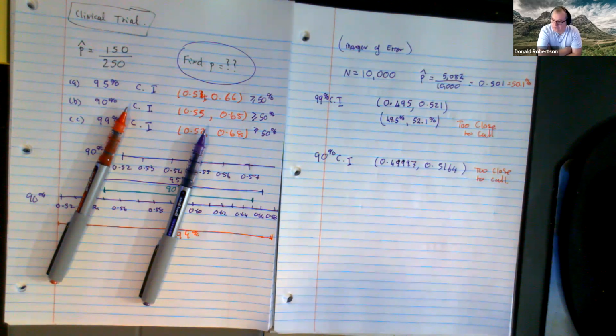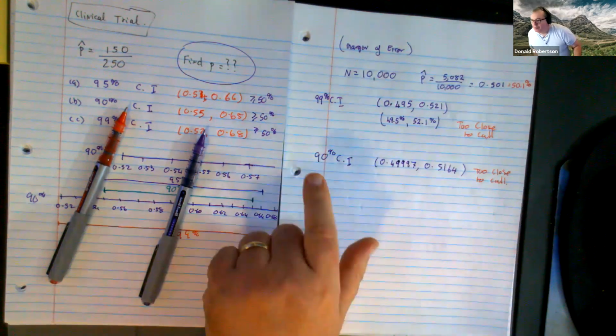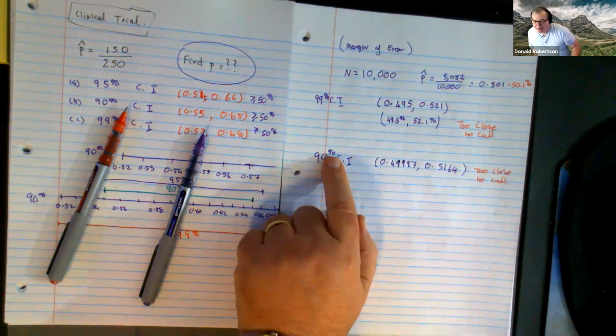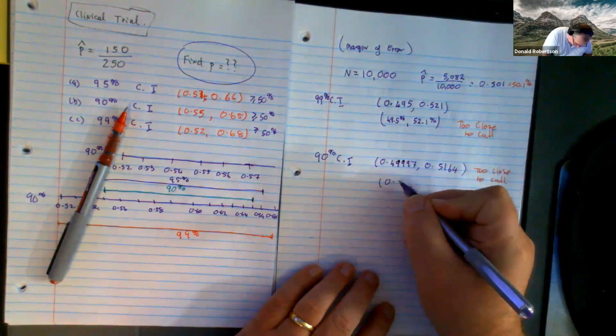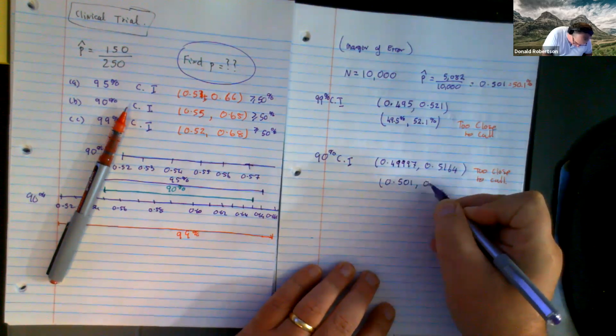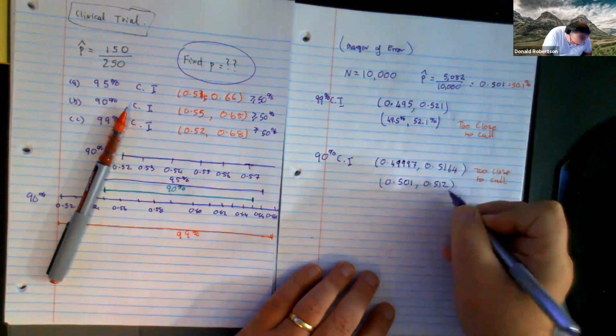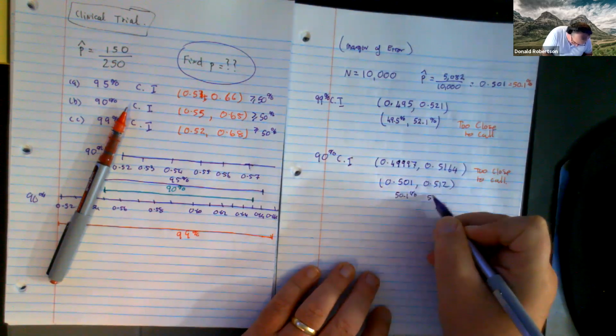Are we cool? I think I should have tweaked that number. What I was hoping to do, can we pretend I did it, that at 90%, just pretend that the answer was 0.501 and 0.512, right? In other words, 50.1% to 51.2%.